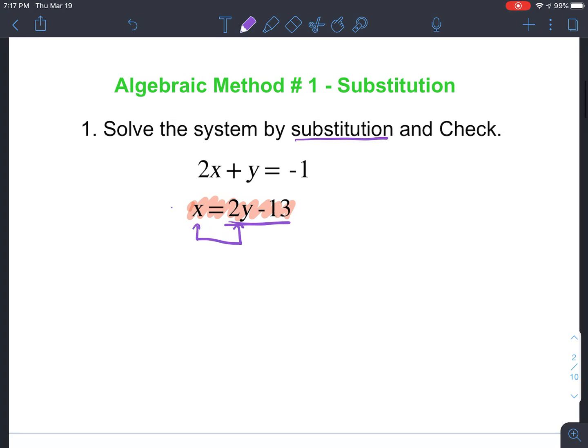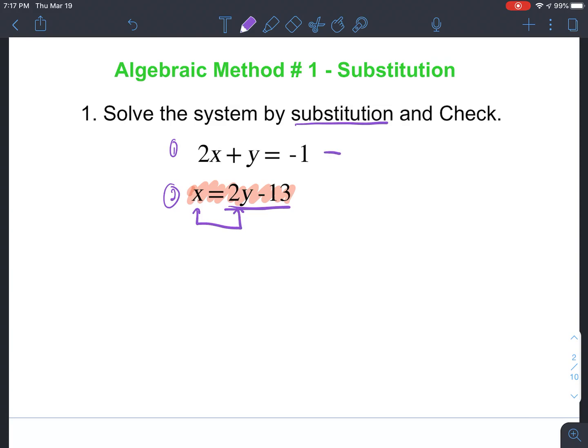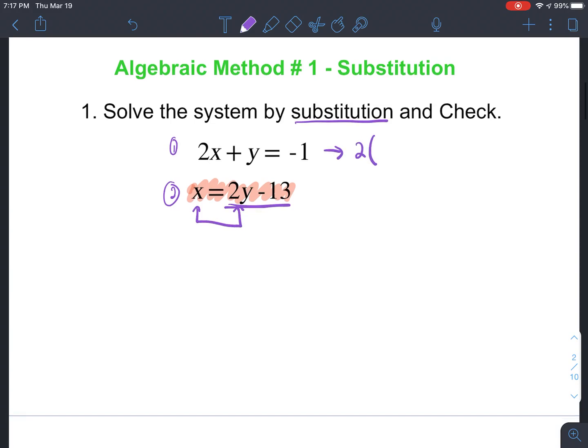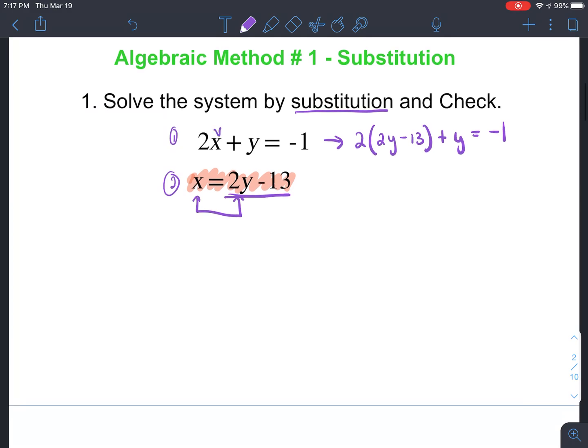So if we're substituting from the second equation, we must plug it into the first equation. So I can rewrite this first equation as 2 times and replace my x with 2y minus 13. Everything else can follow. Okay, so we are just replacing my x with this expression right here.